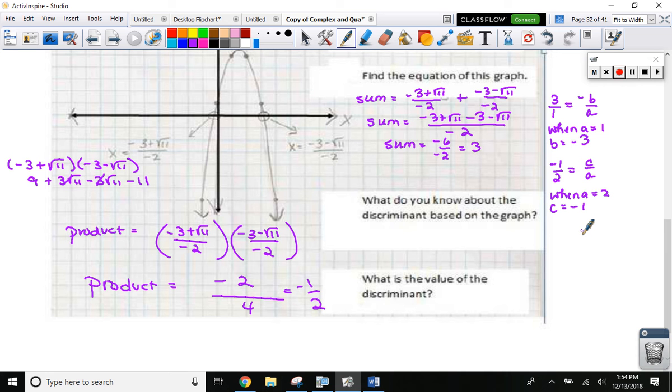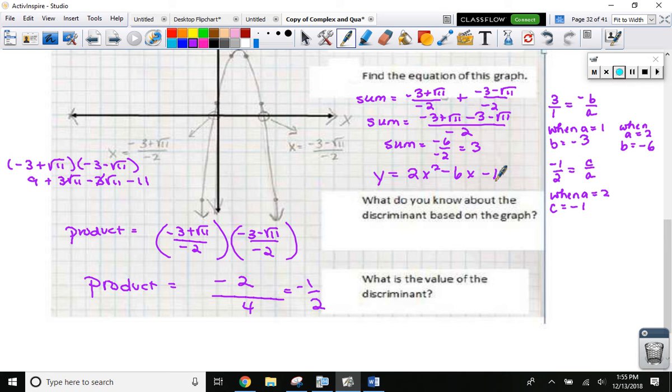A's don't match up. So what would be an easy fix on that to get an equation? Multiply the sum values by 2, right? So if I want this to become 2, I gotta multiply them both by 2. So that means when a equals 2, I know b would equal -6. You guys okay with that? Okay, so then my equation should be y equals 2x squared minus 6x minus 1.